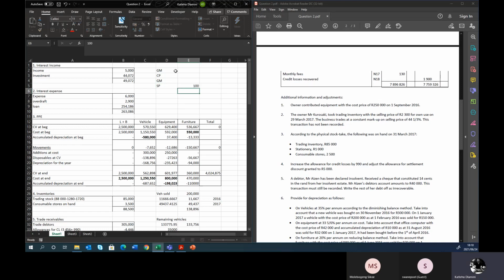You know your selling price is 100% because it's based on selling price, right? And then this would be that fraction here. I want to see if it's multiplied or added. It's added.